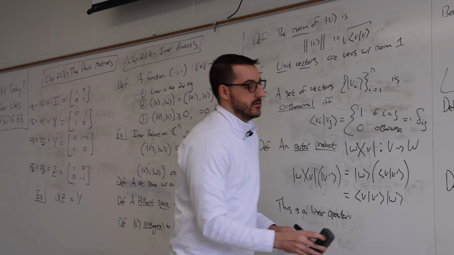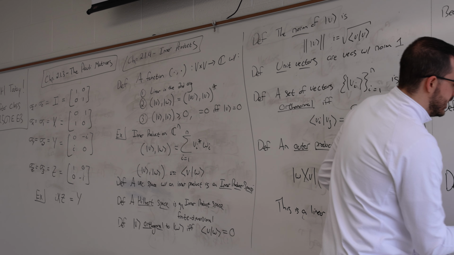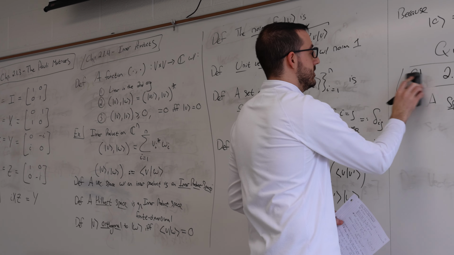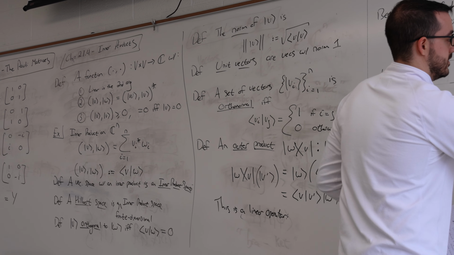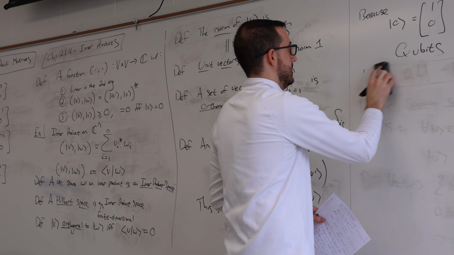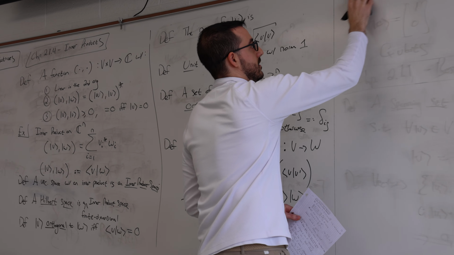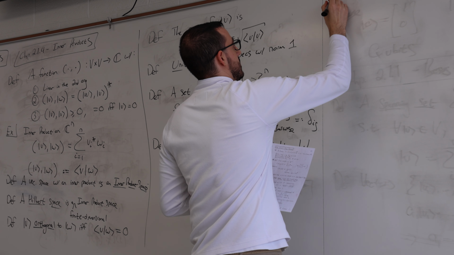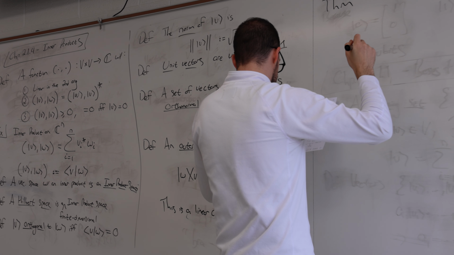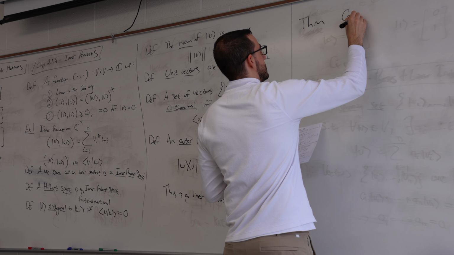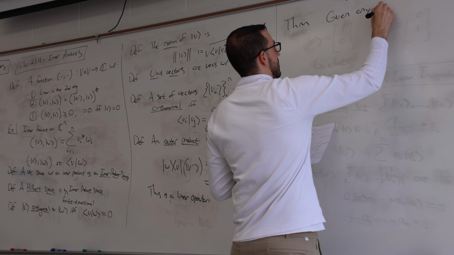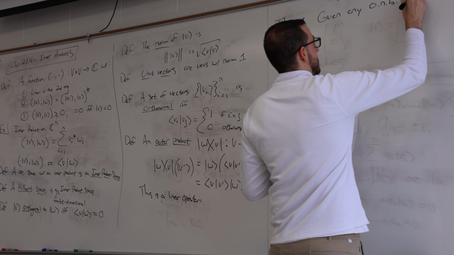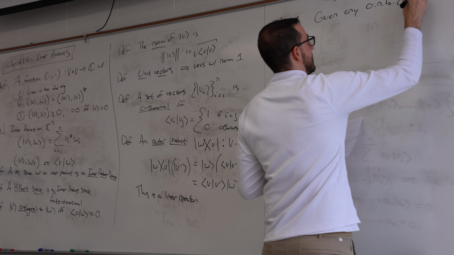There's one very useful thing that we use outer products for, which I'm going to write down before I give you an example to make this a little more concrete. It's a very nice theorem that given any orthonormal basis, ONB, and let's call that basis just I, so a set of vectors.